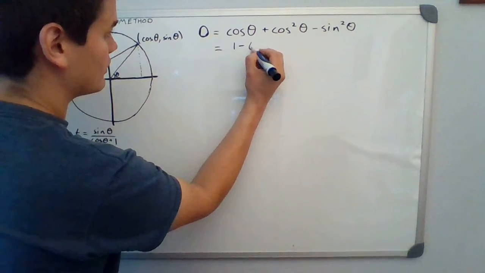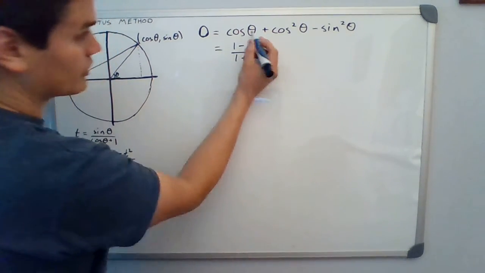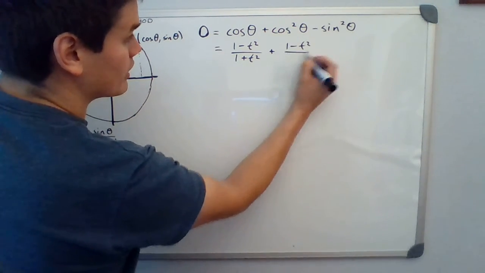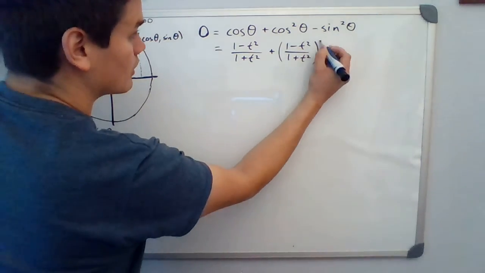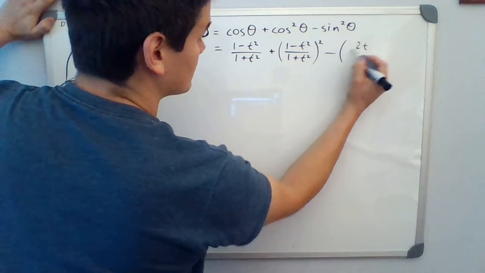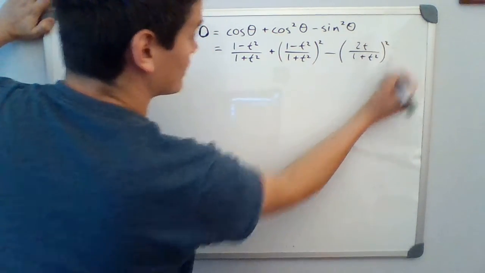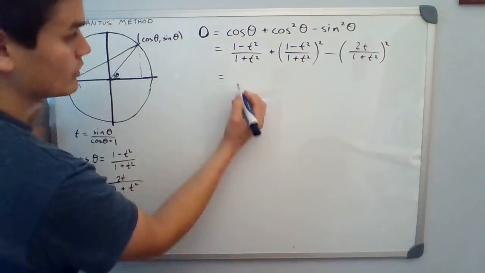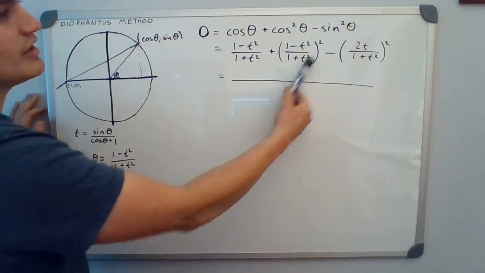So 1 minus t squared divided by 1 plus t squared, that's the cosine of theta, plus 1 minus t squared divided by 1 plus t squared, minus 2 times sine theta, so 2t divided by 1 plus t squared. Okay, now we're going to combine these. Our common denominator is going to be 1 plus t squared.